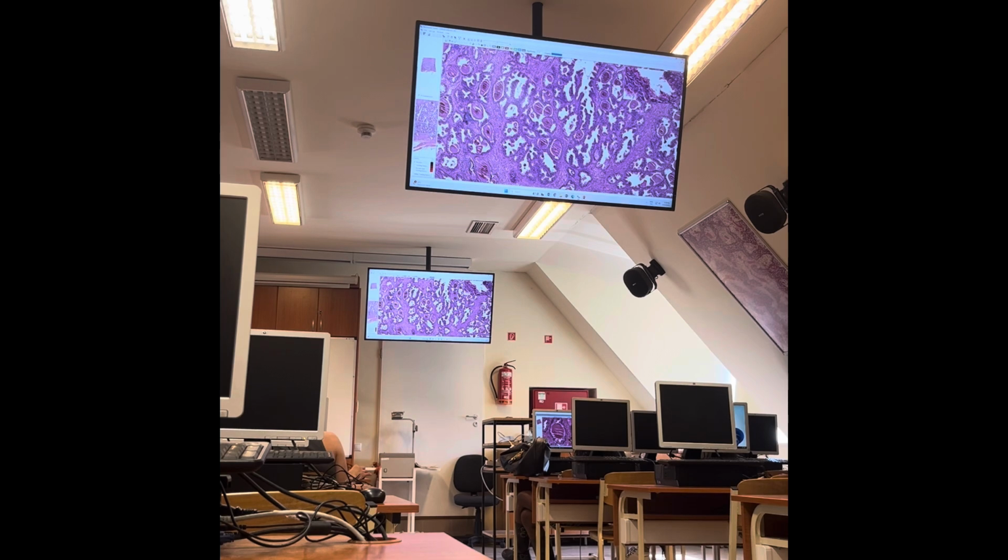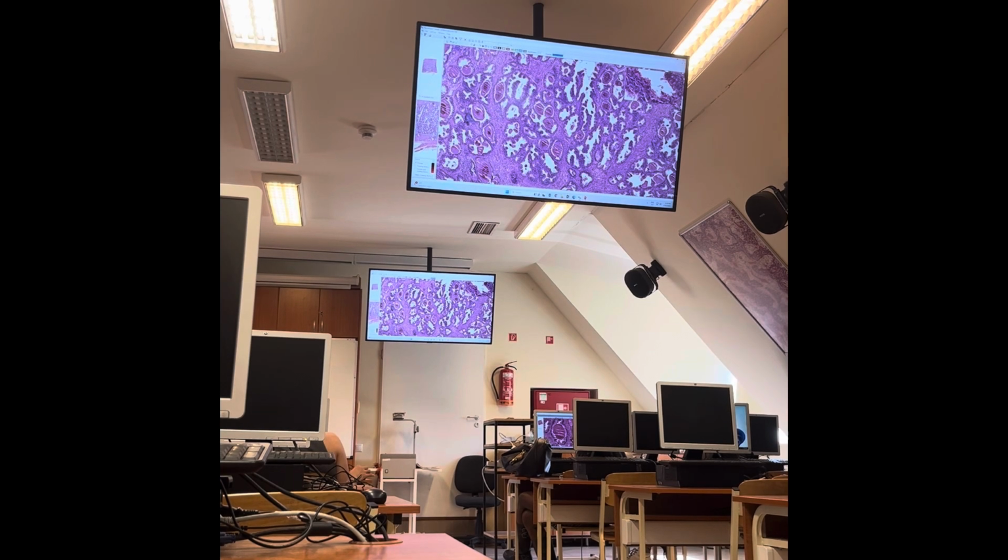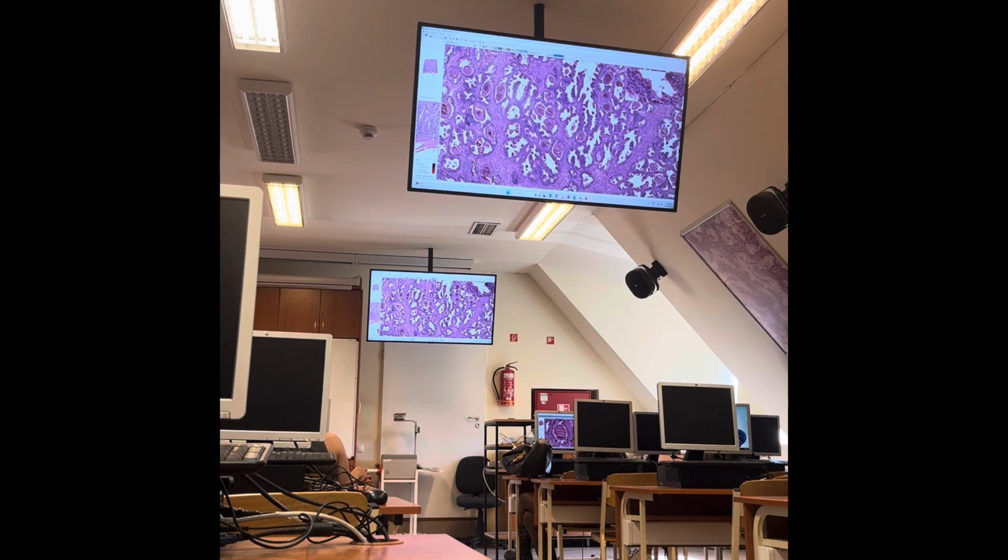That is quite common among males after the ages of 60, and because of this enlargement of the prostate tissue, the urethra can be compressed, so this can cause problems in urination. But that is an age-related change.